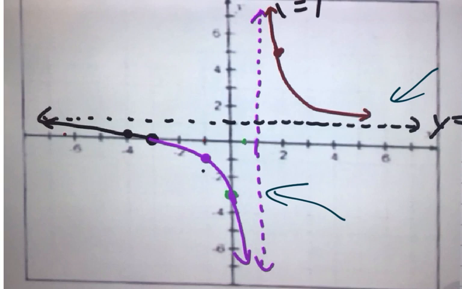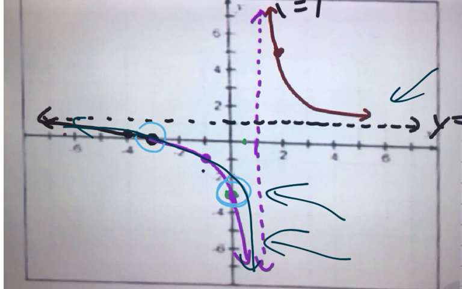And then I plotted my x-intercept at negative 3, 0, and my y-intercept happened to be negative 3, so 0, negative 3 right there. And then I knew that basically the graph had to do this towards the horizontal asymptote and go down this way towards my vertical asymptote here. And by symmetry, it's going to match up over here as well. And hopefully that helped you with this problem.